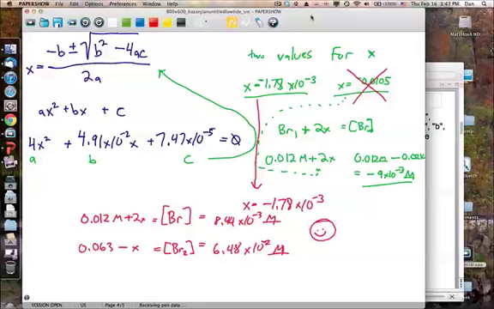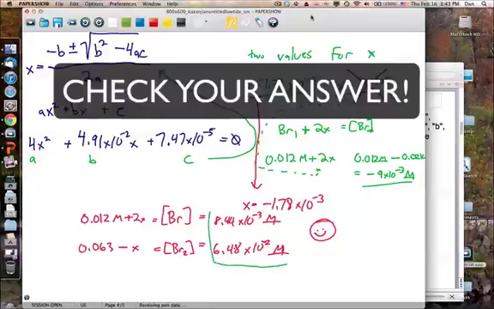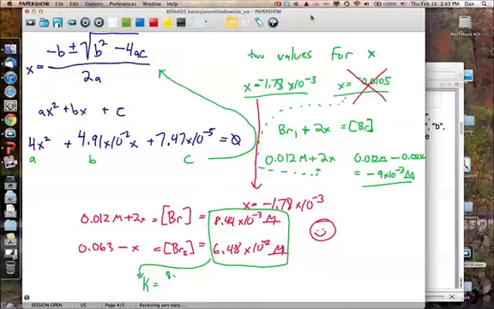If this is the correct answer, you should be able to take these values and plug them back into our equilibrium constant. K is equal to 8.44 times 10 to the minus third squared divided by 6.48 times 10 to the minus 2.